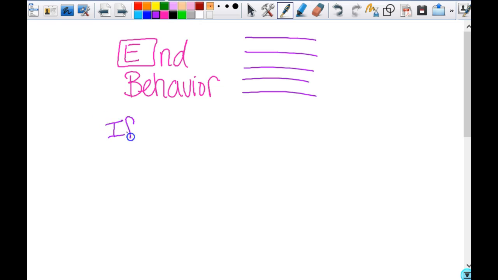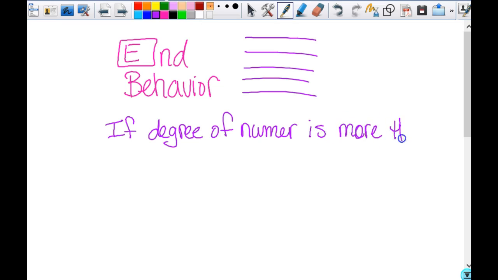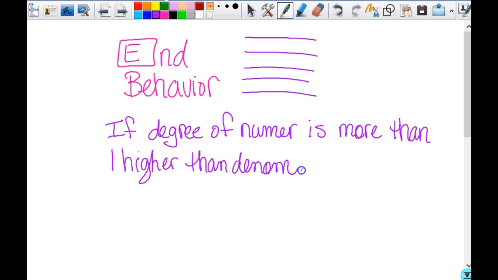If the degree of the numerator is more than 1 higher than the denominator, you understand what I mean by that, right?